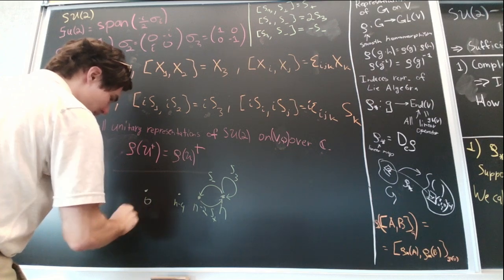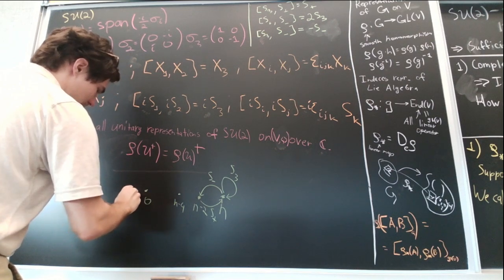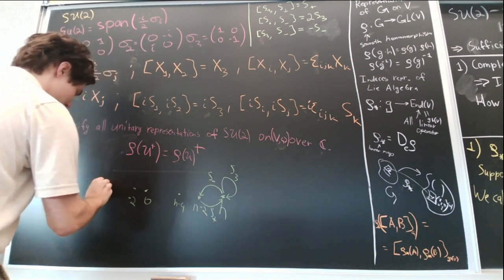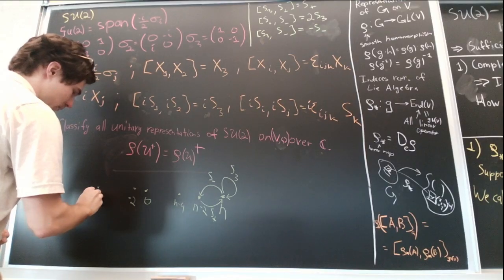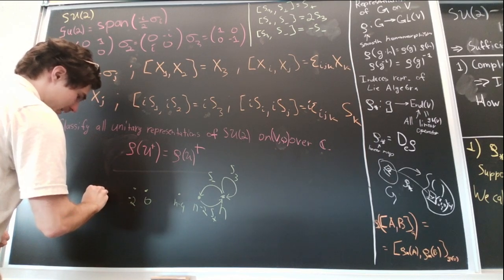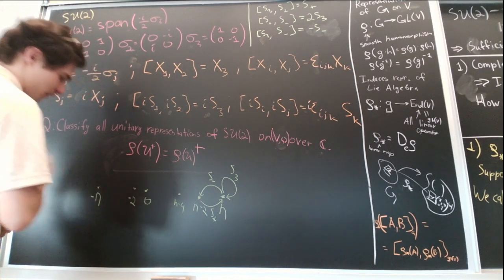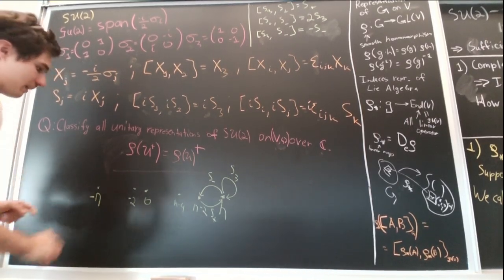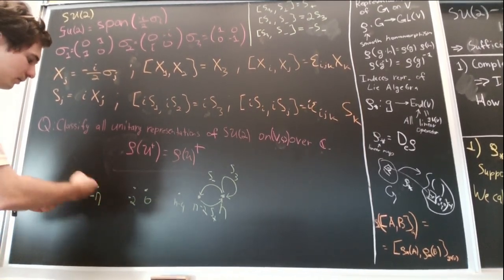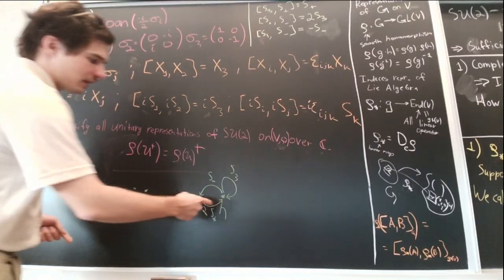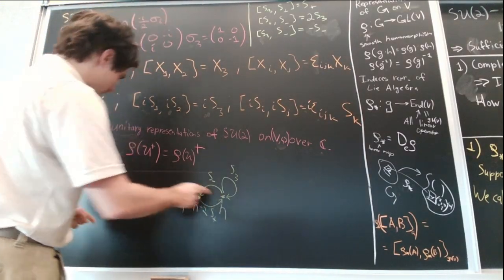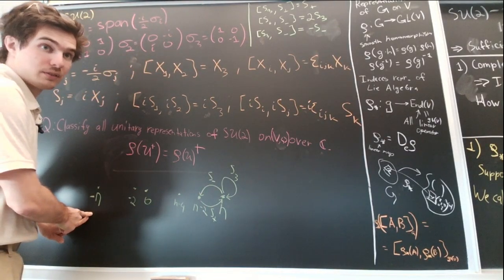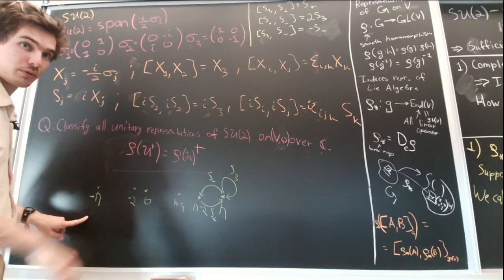We're going to have 0, we're going to have minus 2, and all the way to minus n. If n is the highest weight, then minus n is going to be the lowest weight. And this is something we're going to need to prove.